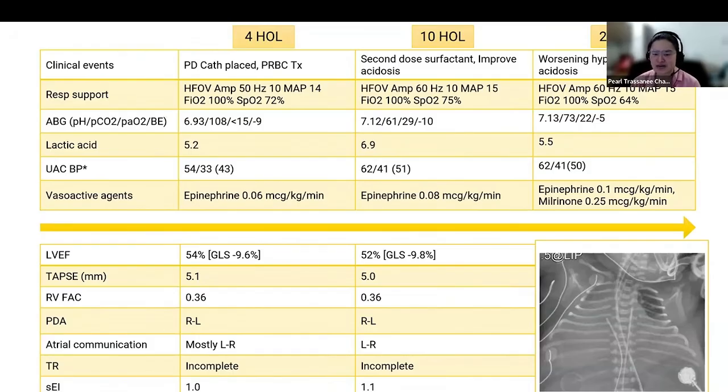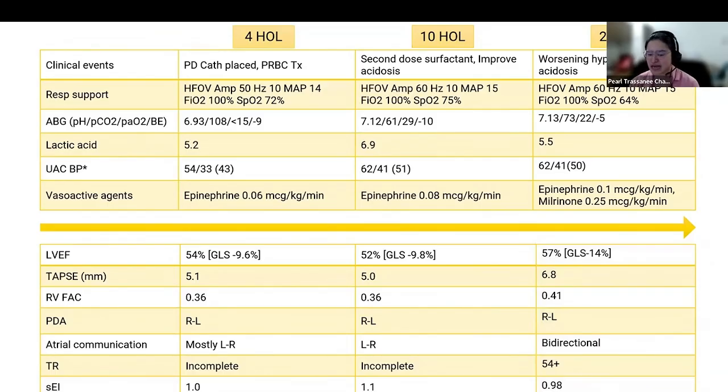Serial TNE, however, continued to show persistent suprasystemic pulmonary hypertension with moderate LV systolic dysfunction and a normal RV function, consistent with a persistent post-capillary phenotype. Milrinone was then added at about 10 hours of life as a lusitropic and afterload reducing agent once the infant had shown adequate markers of renal function.